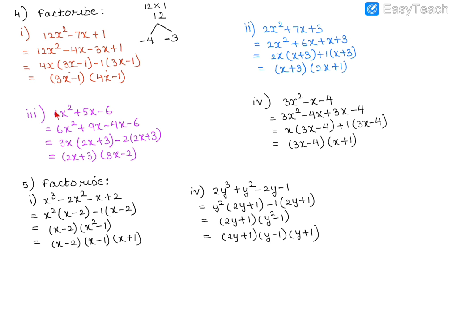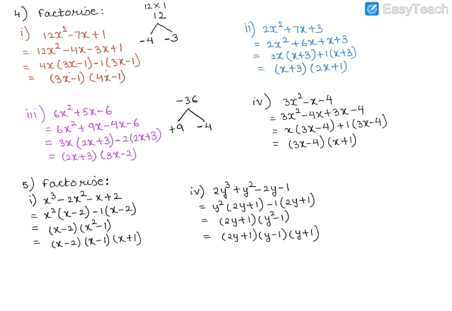Now look at the second one. I multiply 6 into minus 6, so I'm going to get a minus 36, and I should factorize it in such a way that its factors on addition or subtraction should give me 5. So I look out for a table of 36 and I realize 9 into 4 is 36. I want a plus 5 in the center, so 9, which is a plus, and minus 4.